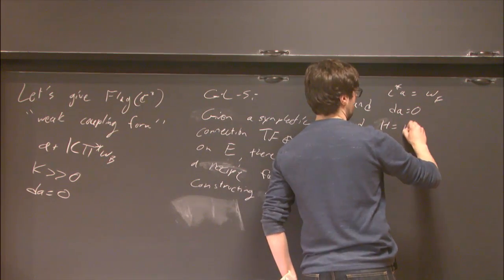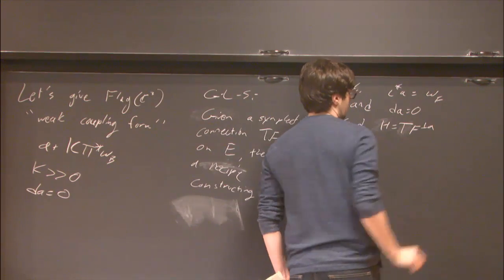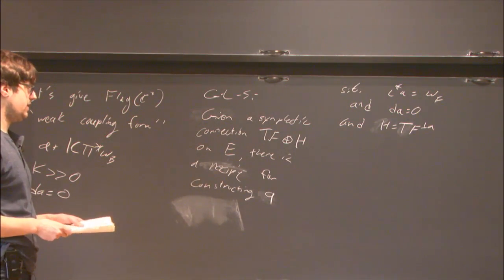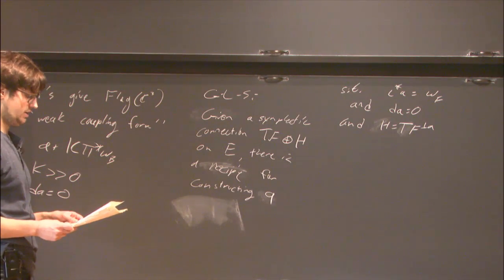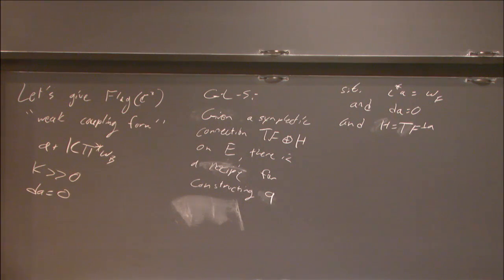It's fiber-wise symplectic, and then you can define H to be the perp of TF with respect to A, which gives you a nice symplectic connection. Okay, so this is the setup.